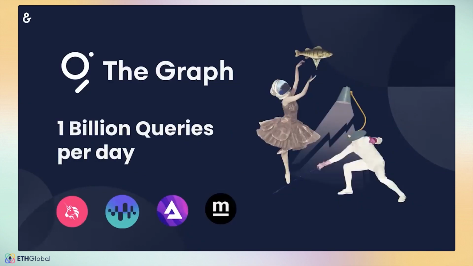On the hosted service, you see currently 1 billion queries per day, or even a little bit more, depending. So it is really powering a lot of the dApps that we see currently. Uniswap is the most famous example that uses this, but we have also others like Enzyme or Audius or mStable. There are a bunch of them.